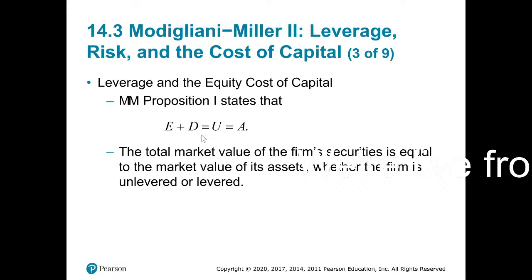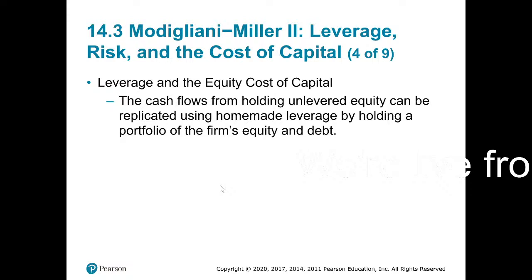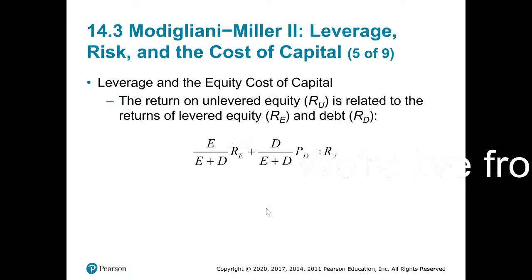And the proposition says the firm's assets should be claimed by equity and debt. And the cash flows will flow partly to the debt, partly to the equity. So basically, either you do it by the company or the investors can do it. So the cost here is what we call the weighted average.